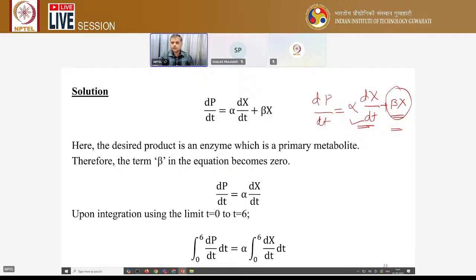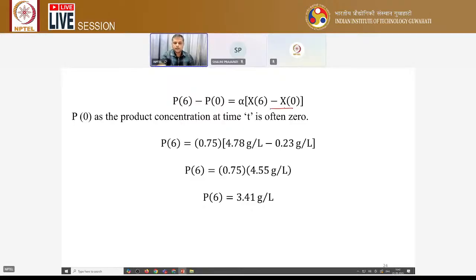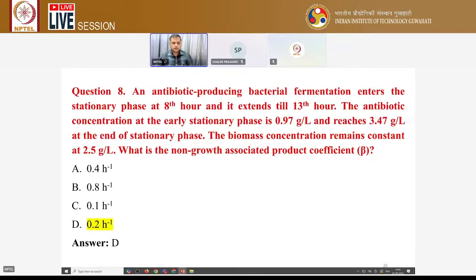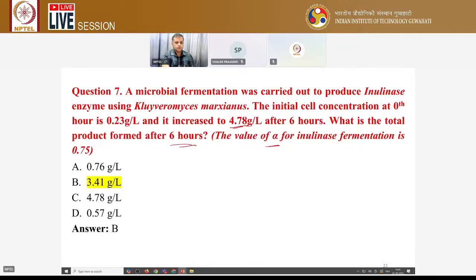So we consider dP upon dt is alpha dX upon dt, and integrate from time 0 to 6 hours. So this should be delta X and delta P. We are assuming P naught is 0, so we directly get P6 as alpha into delta X. Delta X is 4.78 minus 0.23. So the correct answer will be 3.41 gram per liter.